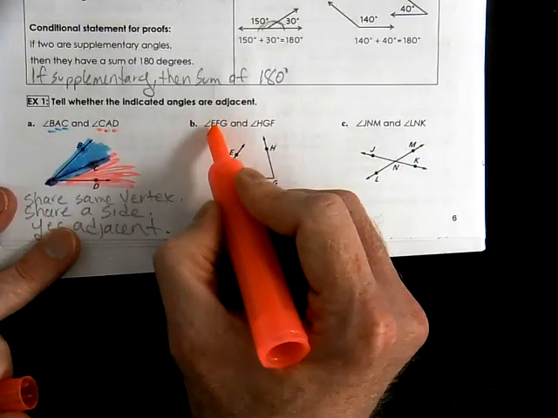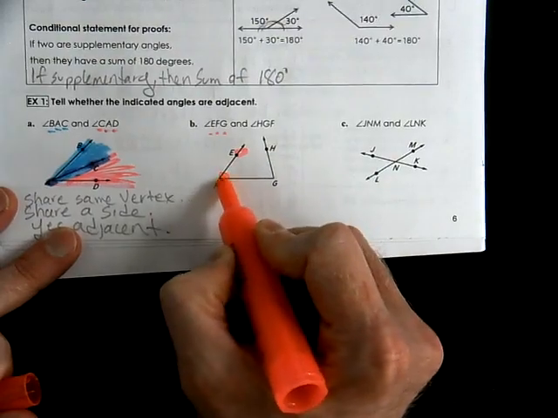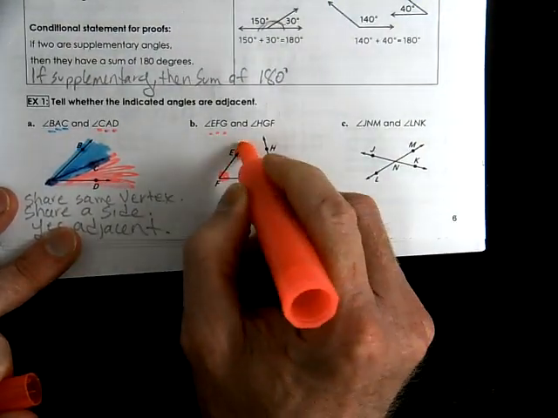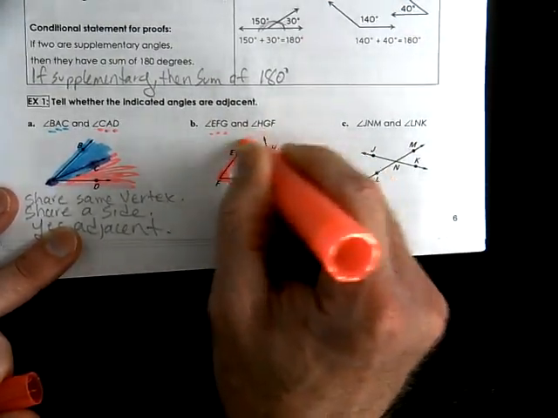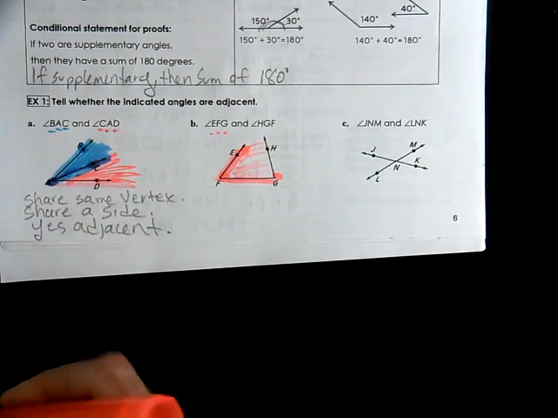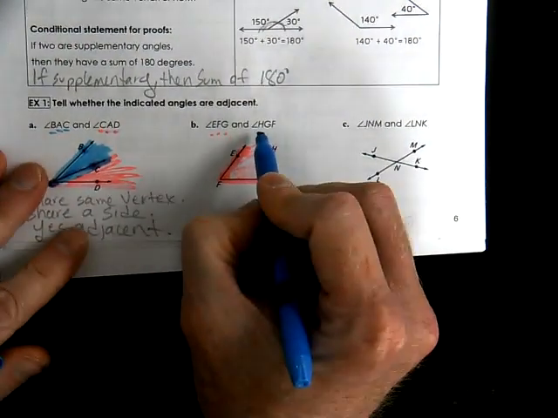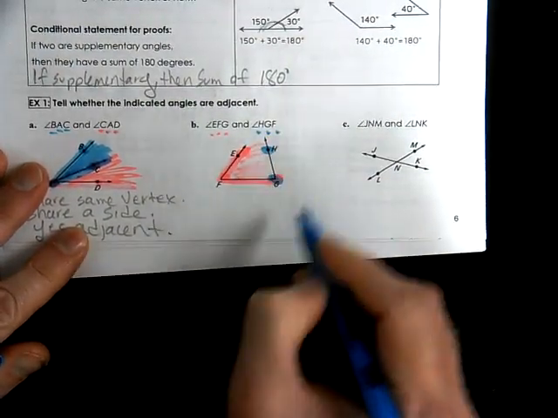Let's come on over and look at letter B. E, F, G. E to F to G. So trace that out. That would be the angle. Then we have HGF.